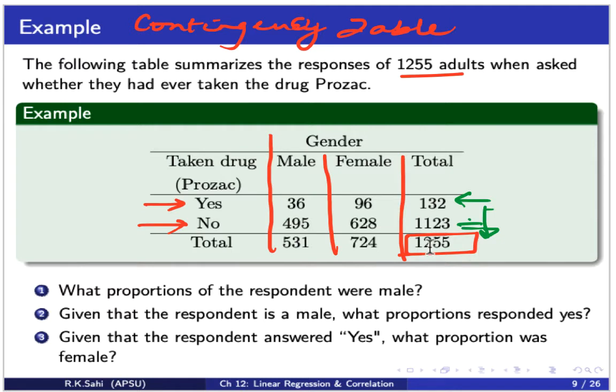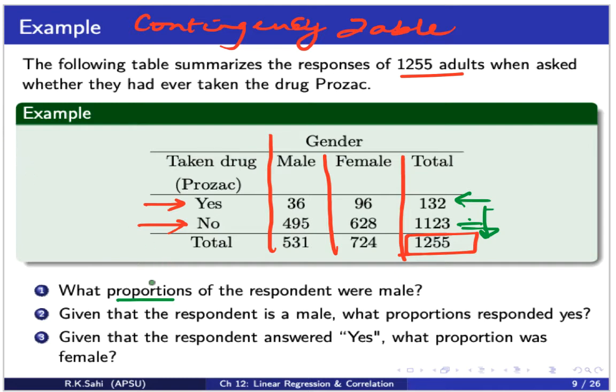It says, what proportion of the respondents were male? If you recall from one of the earlier chapters, we talked about proportions. What is proportion?